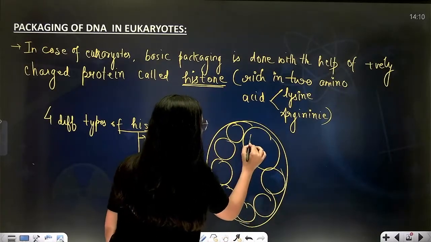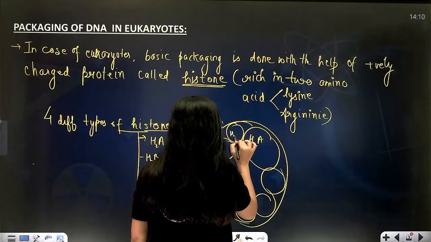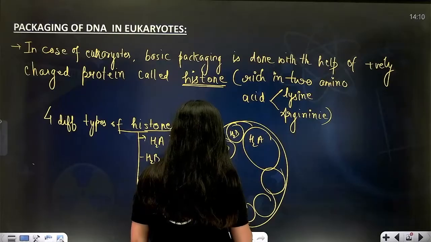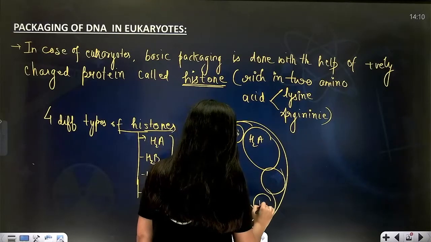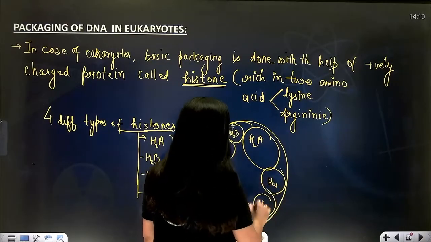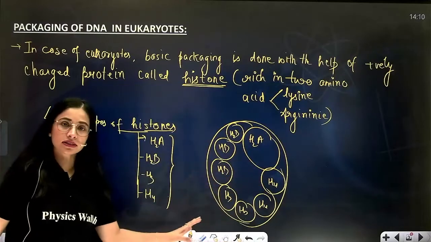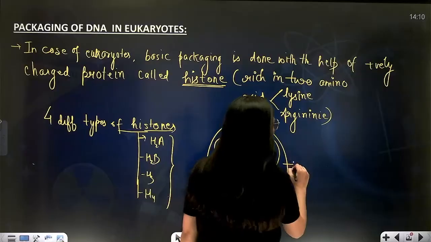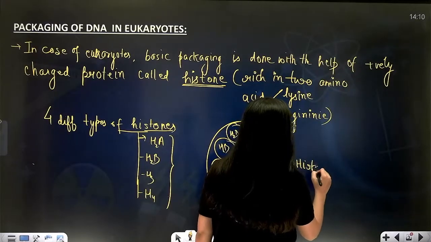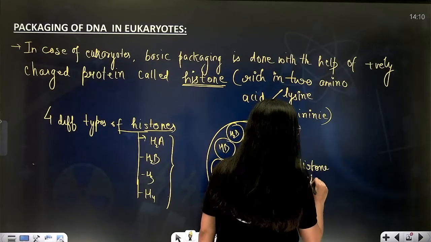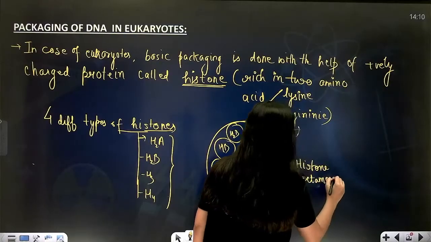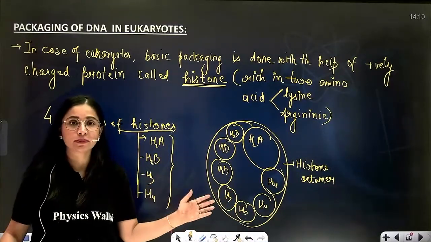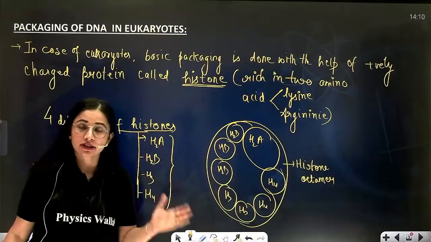Right? So 2 copies of H2A, 2 copies of H2B, 2 copies of H3 and 2 copies of H4. So this is like a positively charged ball-like structure called histone octamer. Overall it is positively charged because this octamer is made up of positively charged histone proteins.